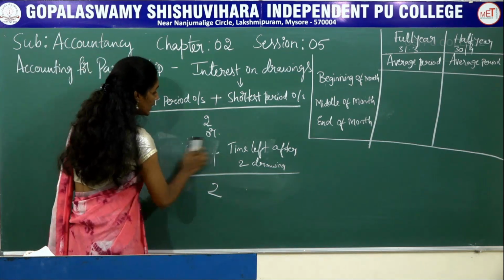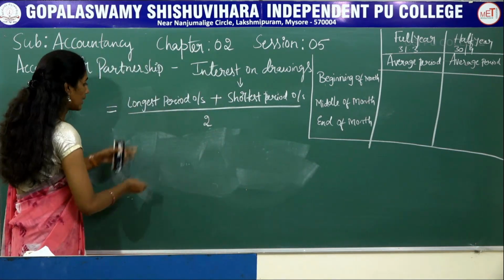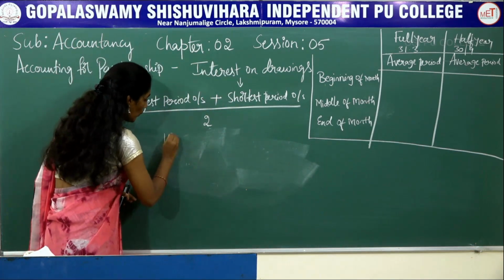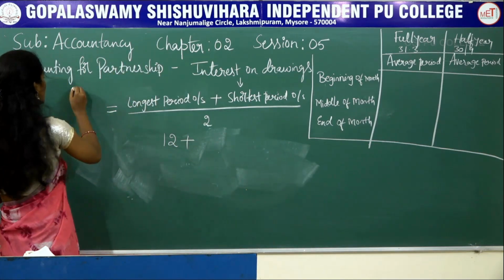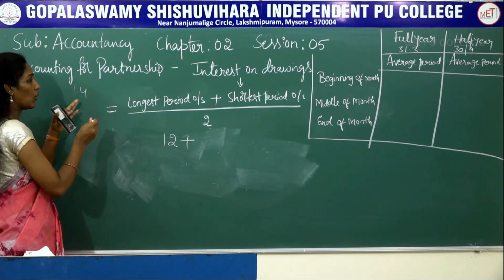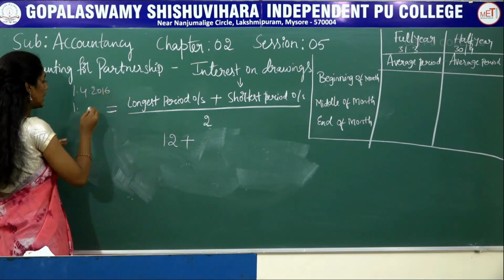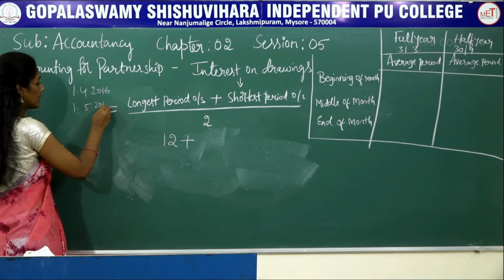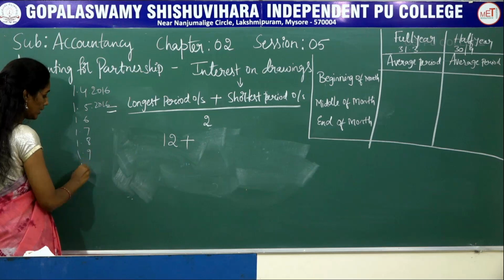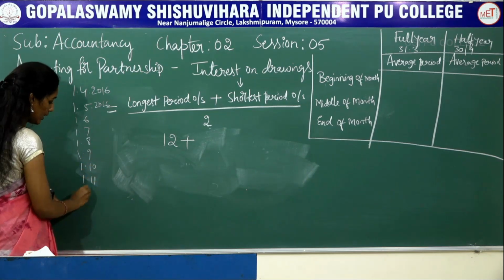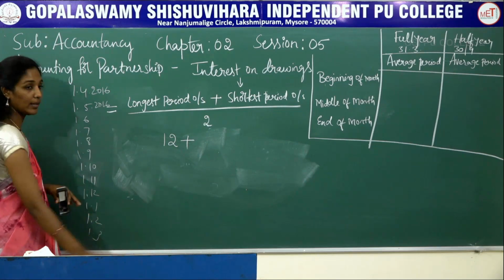If a partner withdraws at the beginning of the month, the longest period outstanding in this case is 12. How will it come? Here 1/4/2016, and so on up to the end of March.